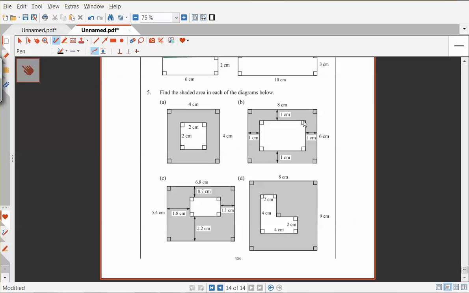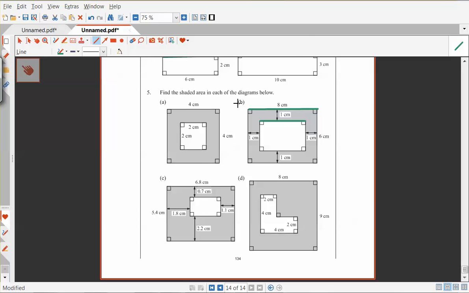I think that would be 6. Why? It says going across is 1 centimetre from the side.